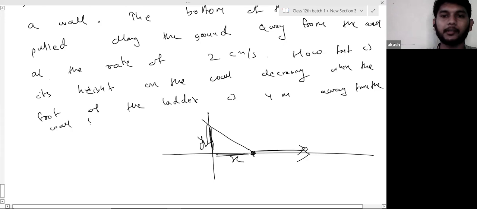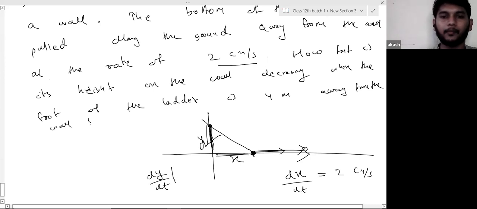So this point is moving to the right with the speed 2 centimeter per second. So what they have given you is dx upon dt, which is 2 centimeter per second. What they have asked you, how fast is this top falling? So they have asked you dy upon dt.